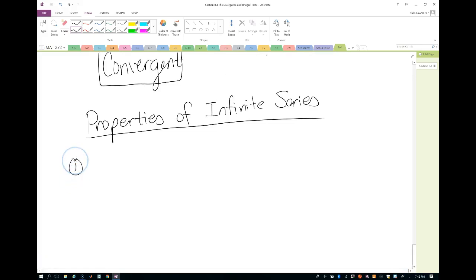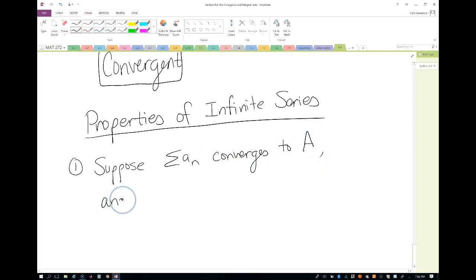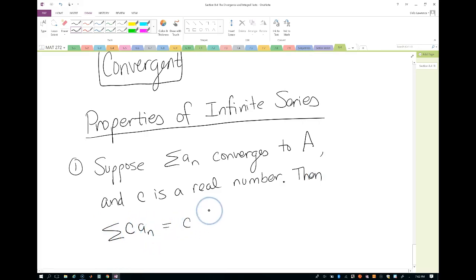The first one I've actually already used once in this video. So suppose we've got some infinite series, the sum for a sub n, and it converges, and we have some constant c, which is just some real number value. Then the sum of c times a sub n, remember I said that c really could come out front and be dealt with at the end.